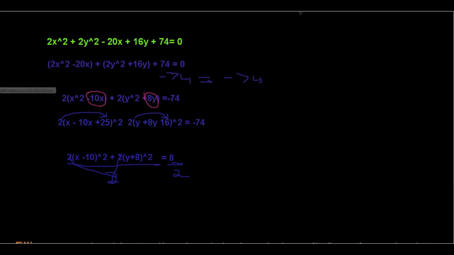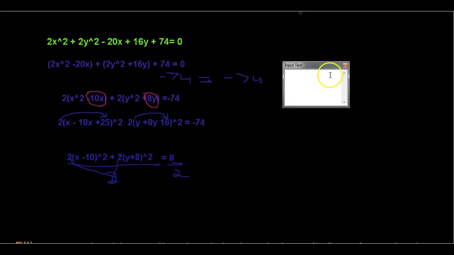So let's rewrite that whole thing again. x minus 10 squared plus y plus 8 squared equals 4.